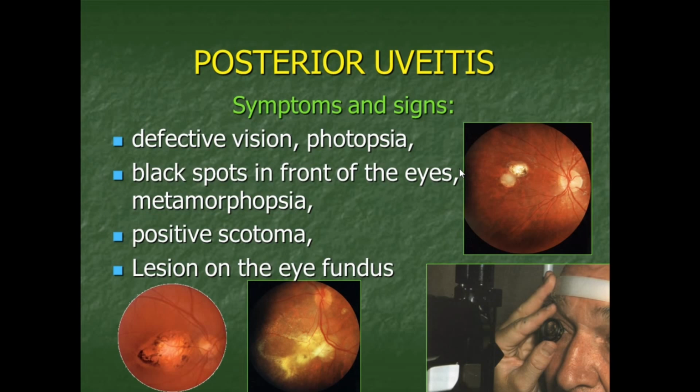It appears because the choroid doesn't have sensitive innervation, so no pain. And the patient usually complains of defective vision, photopsia, black spot in front of the eye.